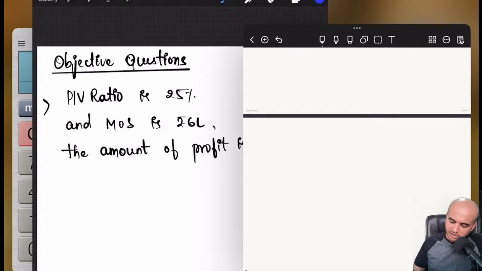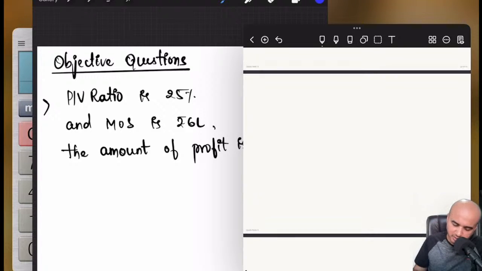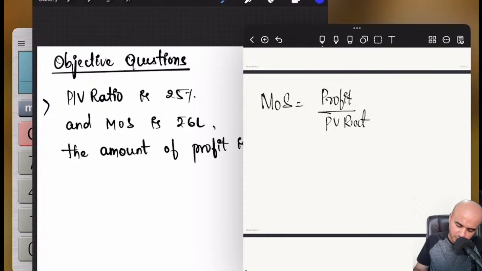Okay, so for this we'll have to go by the formula for margin of safety. So now let me write down that margin of safety is nothing but profit divided by PV ratio. In this case we know margin of safety, we know the PV ratio. What we do not know is the profit.